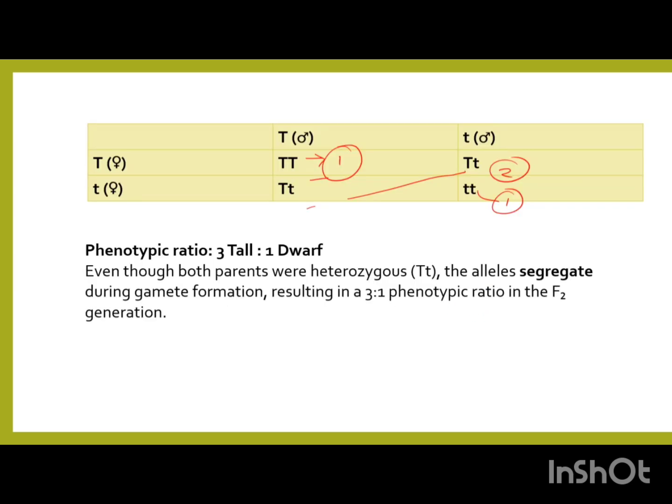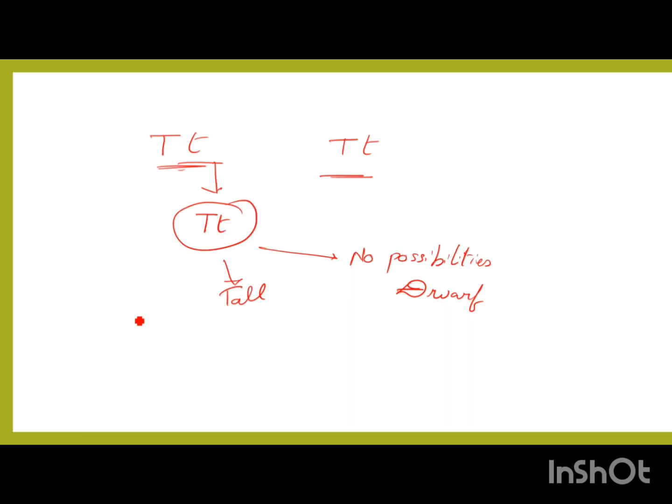But actually it's not the case. We are getting dwarfed plants. Small t is the dwarfed plant, and out of 4, 1 is the probability of getting a dwarf plant. But if the law of segregation doesn't exist, then there will be 4 by 4 probability of tall plants. So there would be only tall plants, no dwarf plants would have existed.